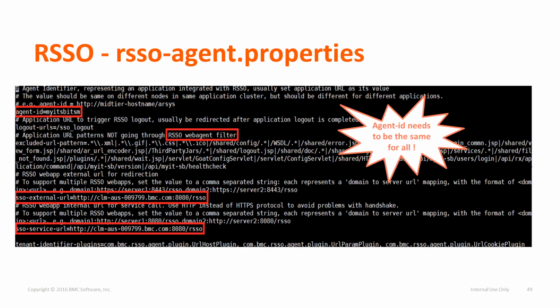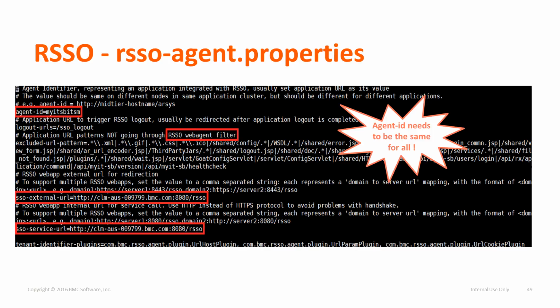And what's important here is that, first of all, the agent ID, as you can see, MyIT SB ITSM, is consistent across all of the servers. So in my case, the MyIT Tomcat server will have to have the same agent ID, and the ITSM Tomcat, or the mid-tier Tomcat server, will have to have the same ID as well as Service Broker.